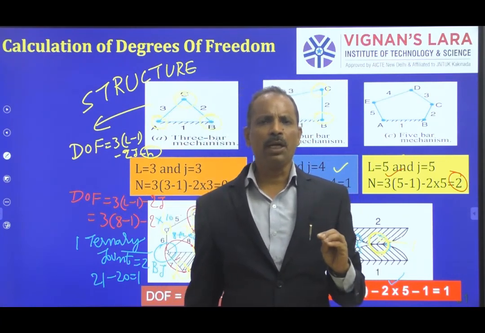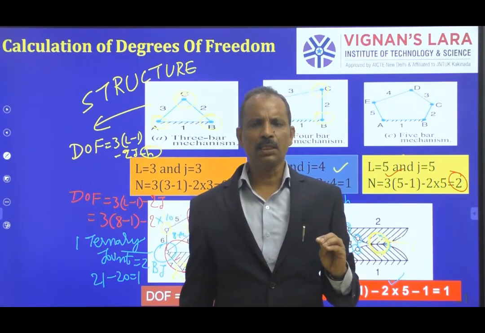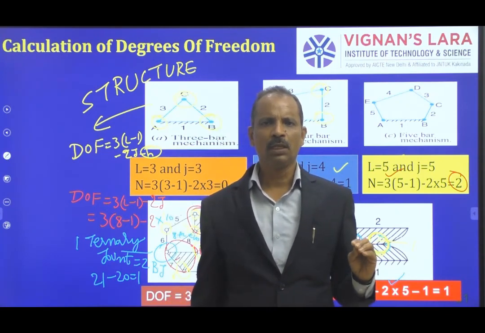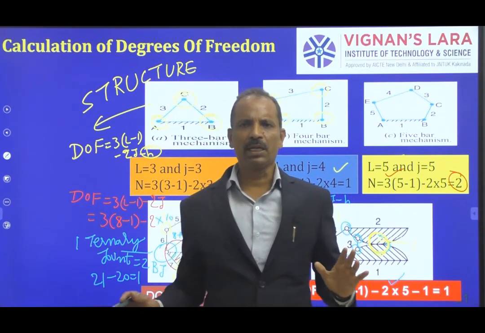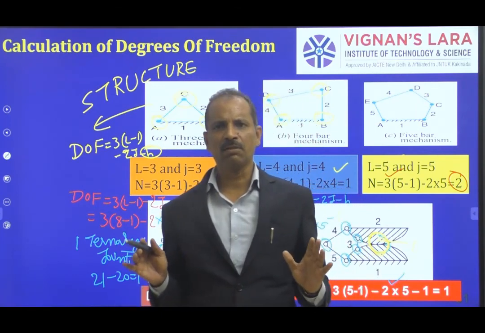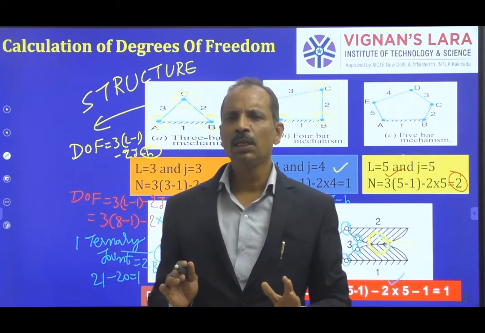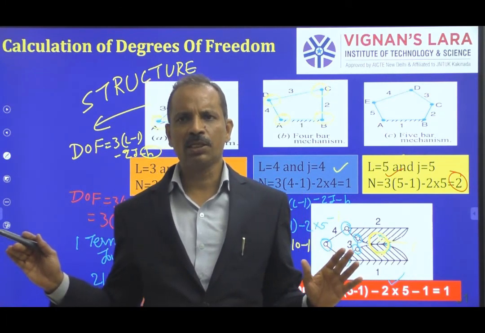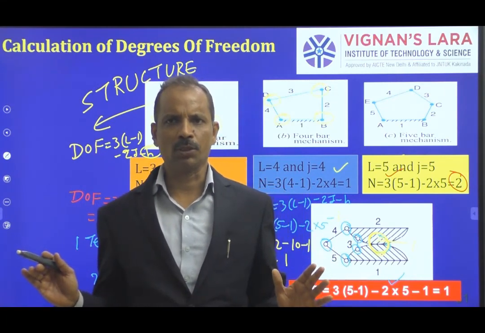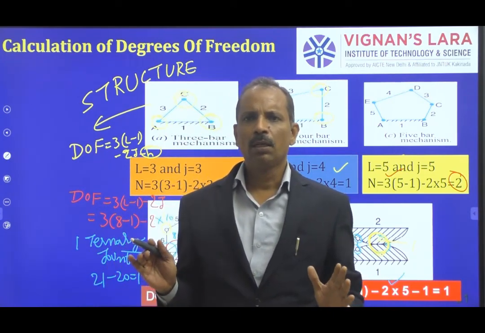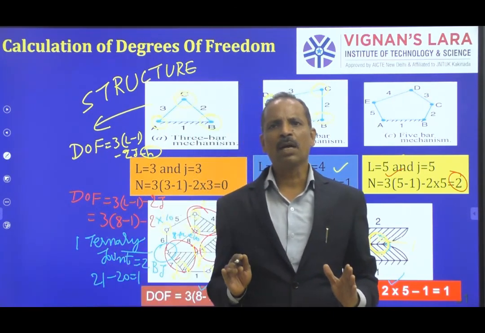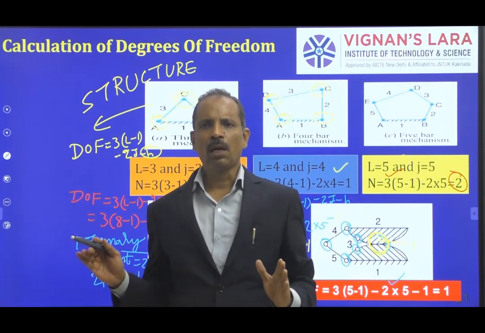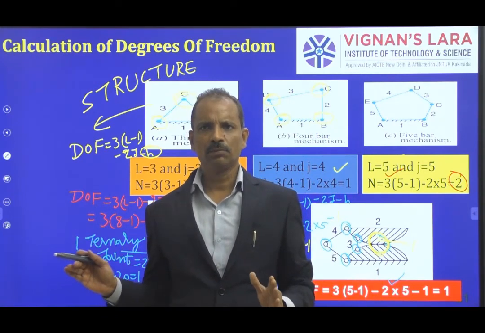A free body in space will have 6 degrees of freedom. A body without any constraints in free space has 6 degrees of freedom, which means it can have 3 translational and 3 rotational motions. But to form a mechanism, we have to constrain the motion of one link.